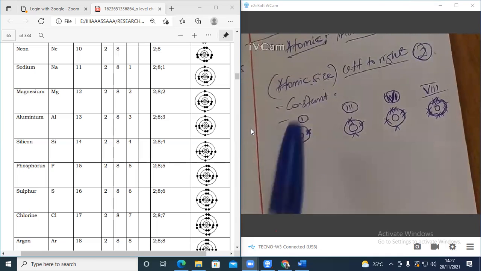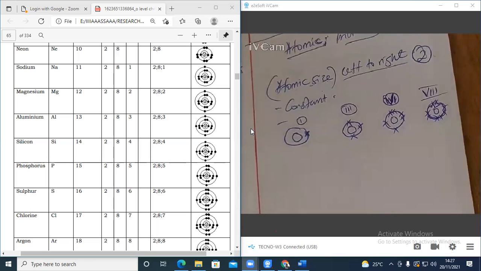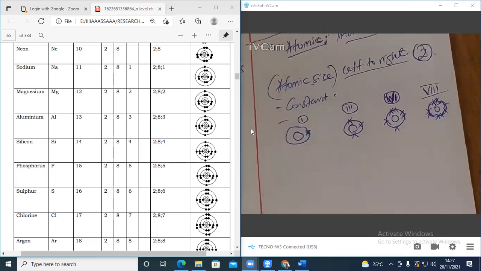Somebody is telling me that the size will be constant for all these elements. Is it true? Okay. Bridget, is it true?